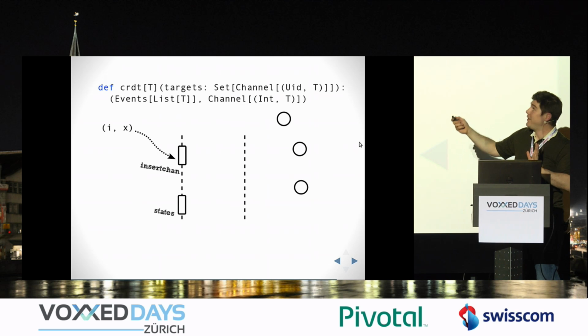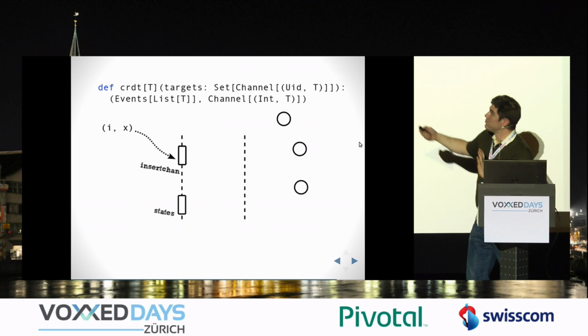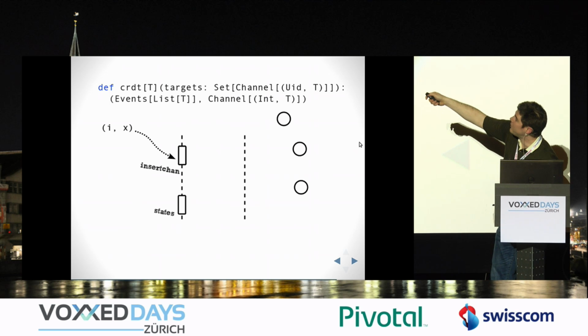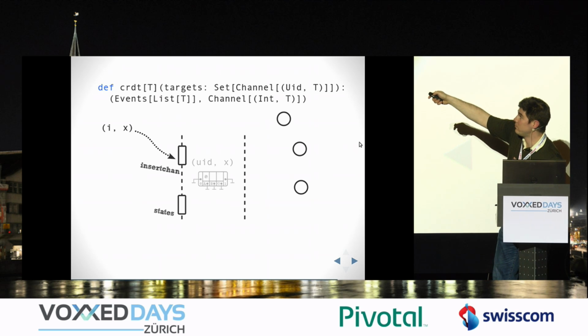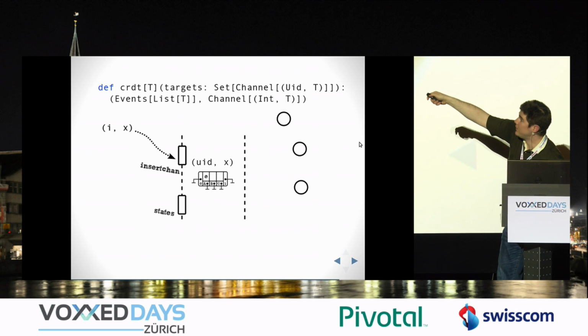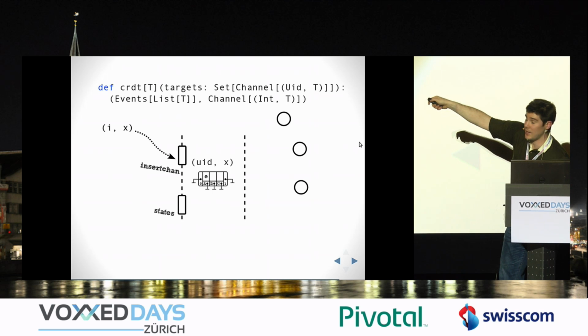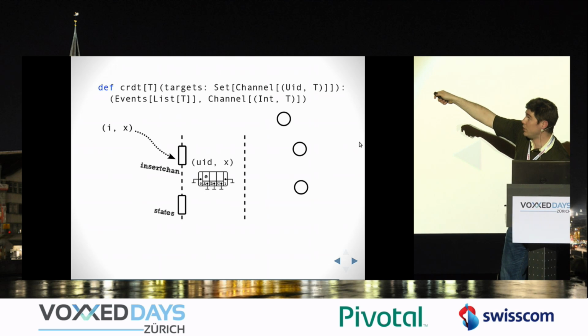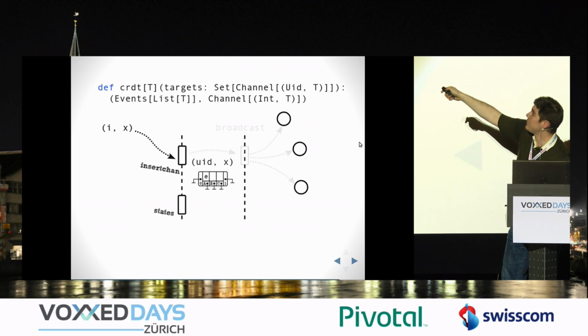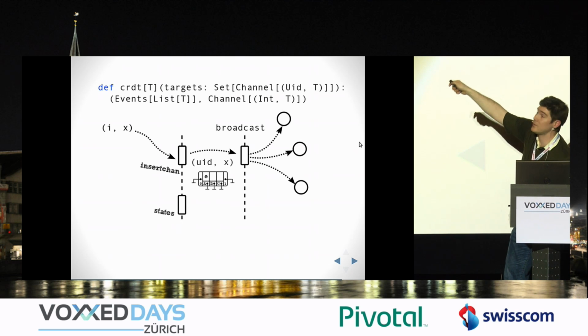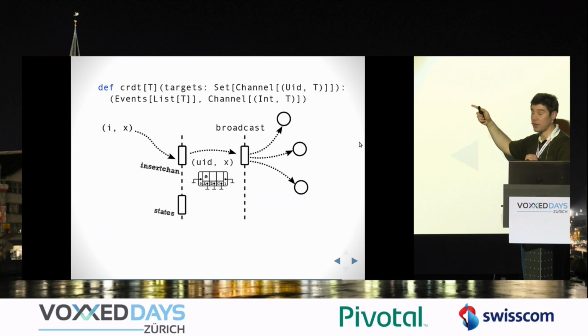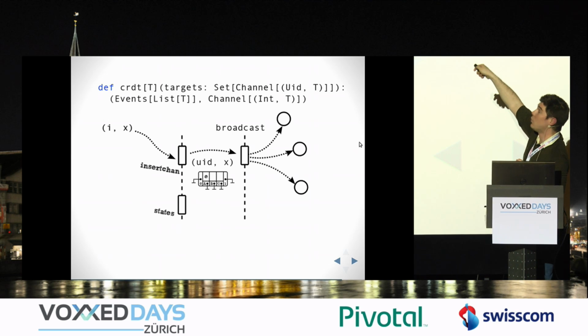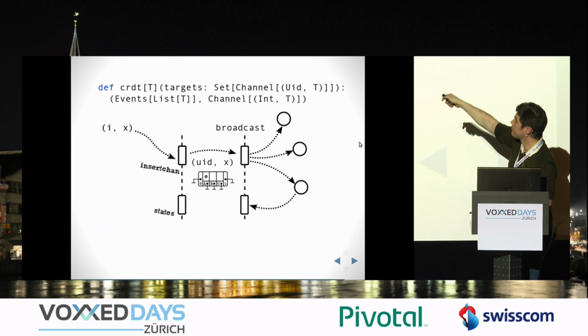So basically, if you use this data structure now, you can do the following. You can create a new channel such that it translates an index in the sequence and an element to a pair of a unique ID and an element, then use the existing primitive that we defined called broadcast, and broadcast this to all the participants in the system.